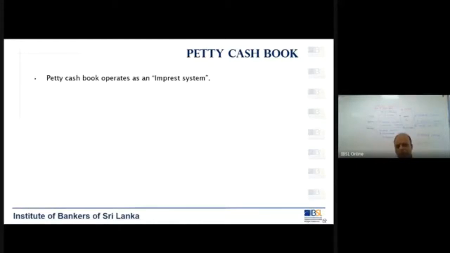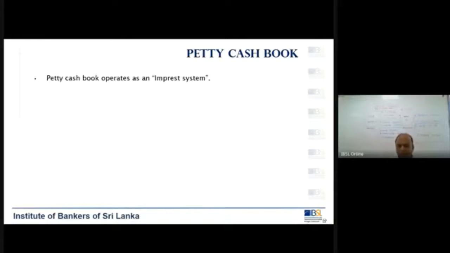So we need to segregate what are the transactions that we are going to perform using the petty cash book. I can name a few. Sometimes you might want to buy refreshments for meetings. You can't be running to the main cashier asking them to pay small amounts like 3,000, 4,000, because they do transactions at large amounts.